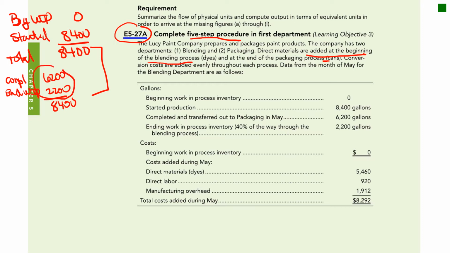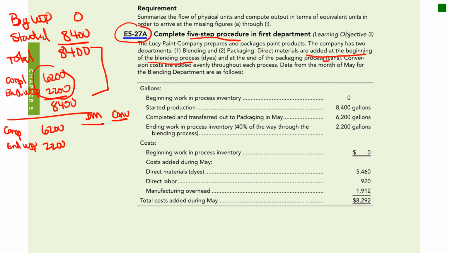You need this part to get to the equivalent units. So to get to the equivalent units, let's draw that out. You've got completed and ending WIP, 6,200 and 2,200. And of course, you draw your columns for direct materials and conversion.